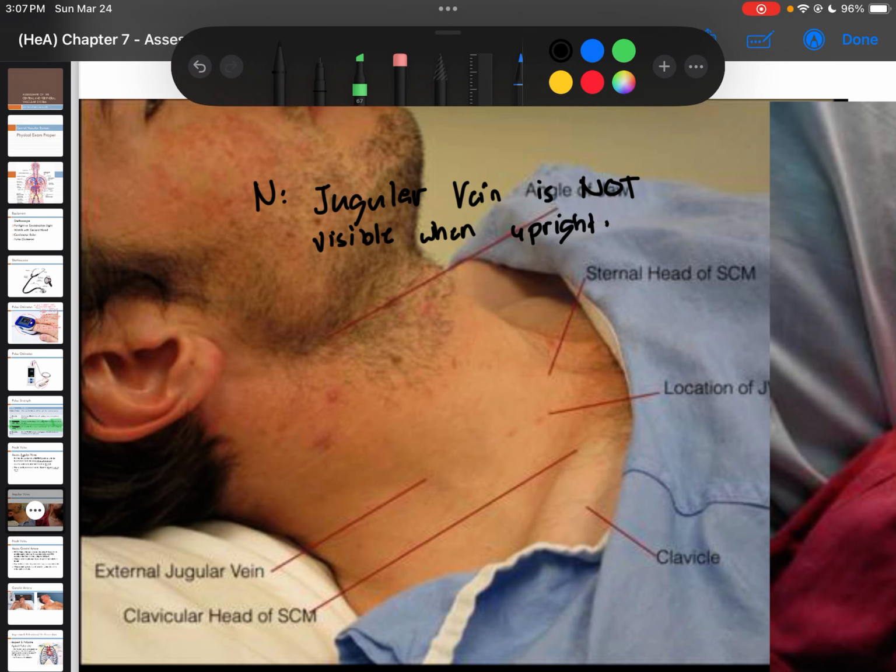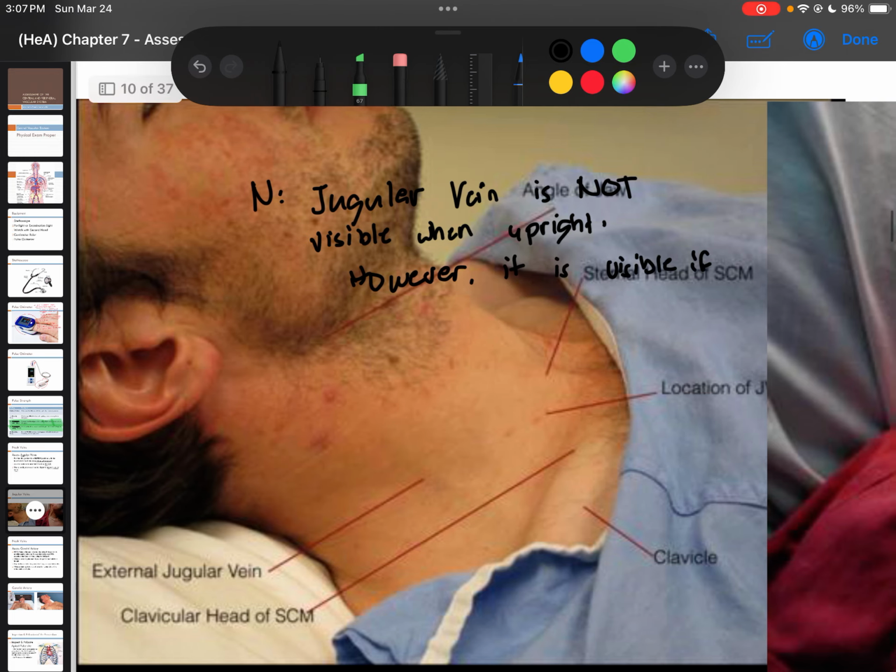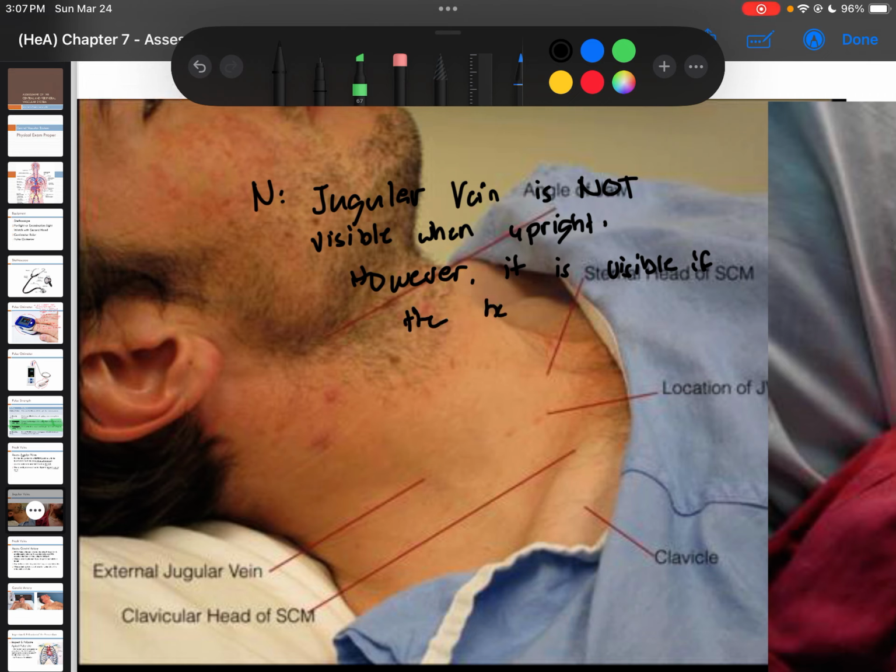However, it is visible if the head is tilted. If the head is tilted, it is visible.